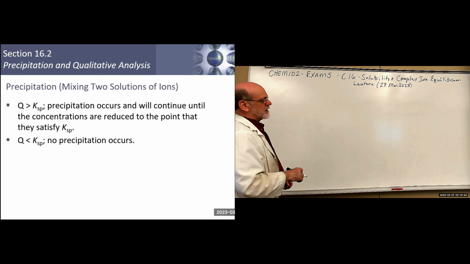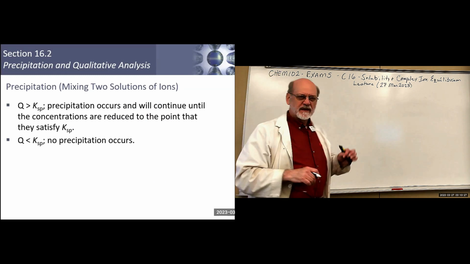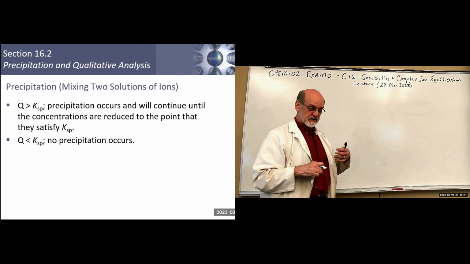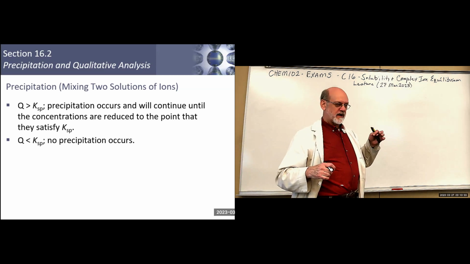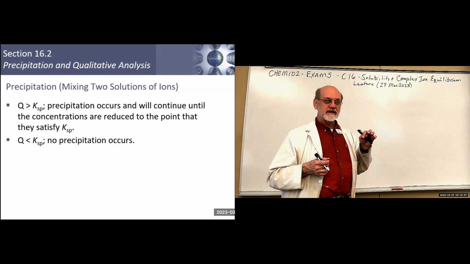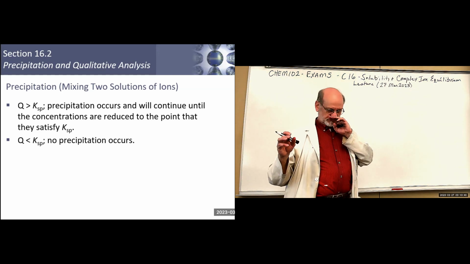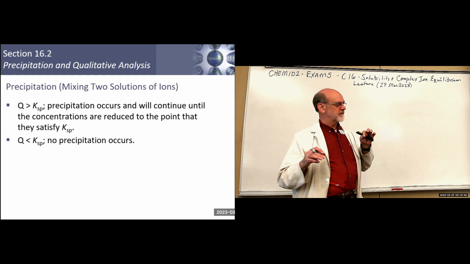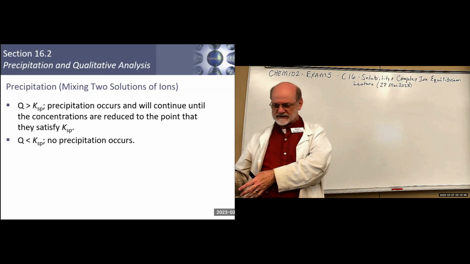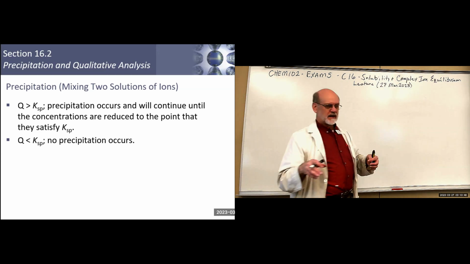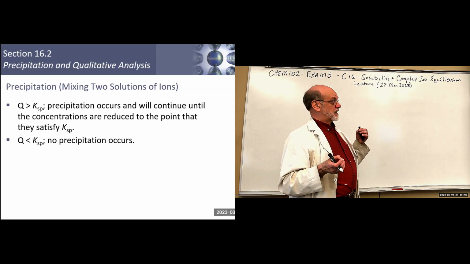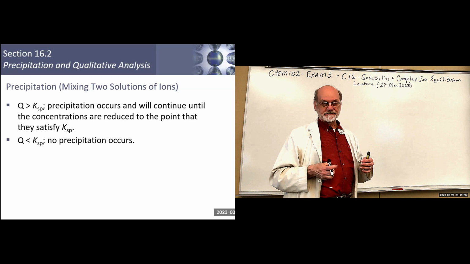Okay. So here's an interesting problem, and the usefulness of our equilibrium expression allows us to determine whether or not, say for argument's sake, if we put silver ions in solution and chloride ions in solution at very low concentration, are we going to get a precipitate?